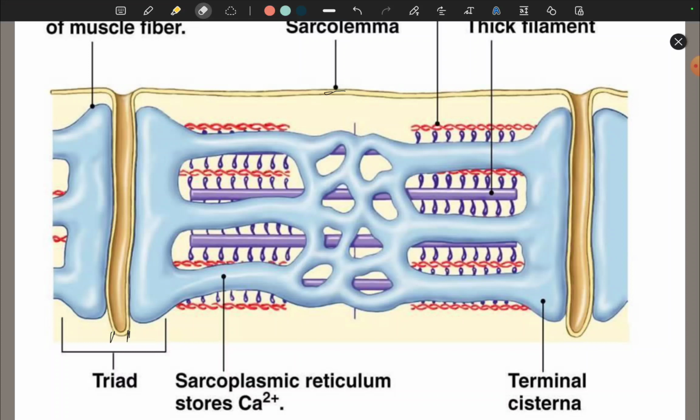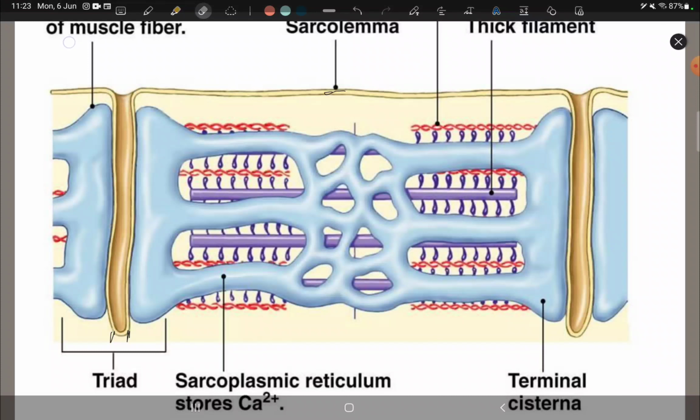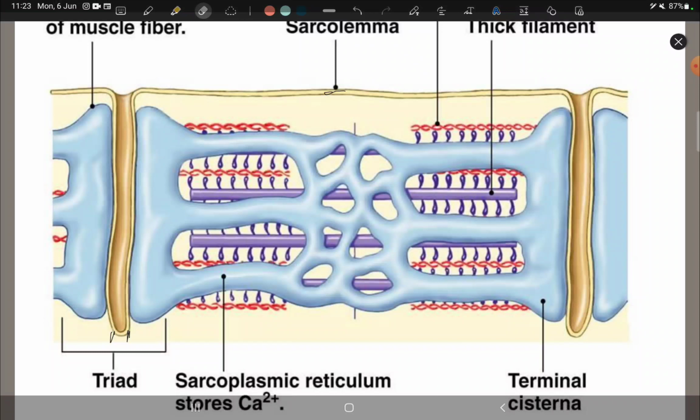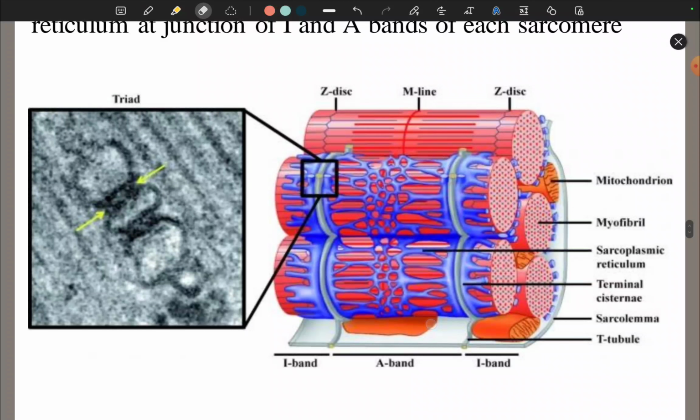Each T-tubule with these two terminal cisternae forms a structure called a triad, which is specifically found in skeletal muscle. The triad is located at the junction between the A and I band. You see here, this is the I band and this is the A band.